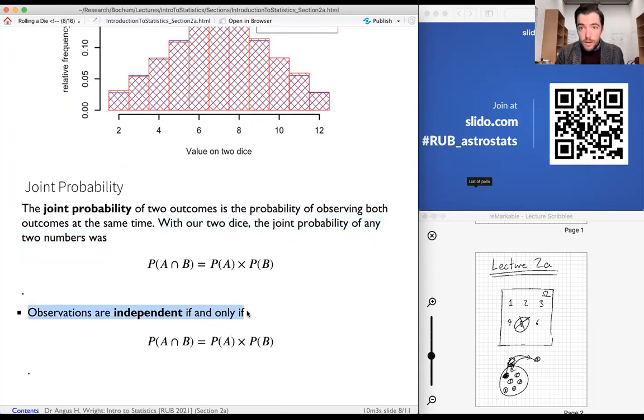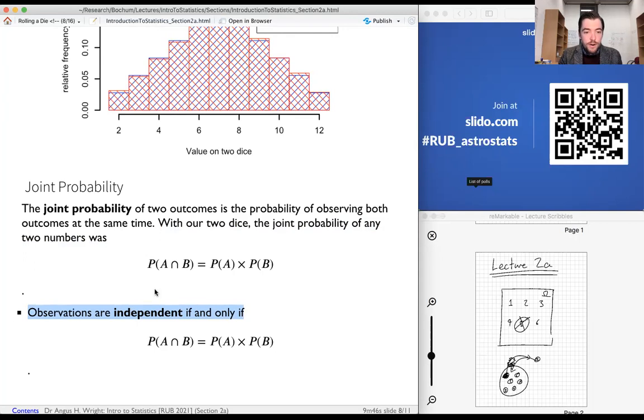So the last thing we're going to talk about in this lecture is the concept of independence and how important it is for inference in statistics, because there are very, very significant outcomes that happen when we consider the role of independence.